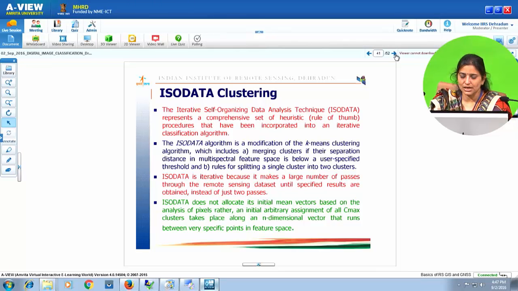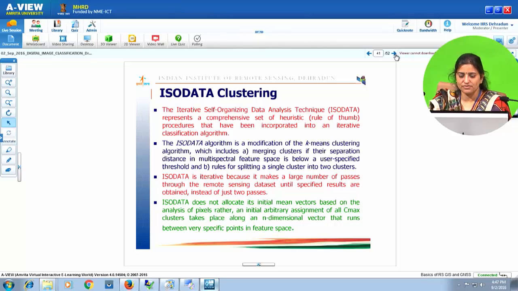The ISODATA algorithm is a modification of the k-means clustering algorithm, which includes the merging of clusters if their separation distance in multispectral feature space is below a user-specified threshold, and rules for splitting a single cluster into 2 clusters.